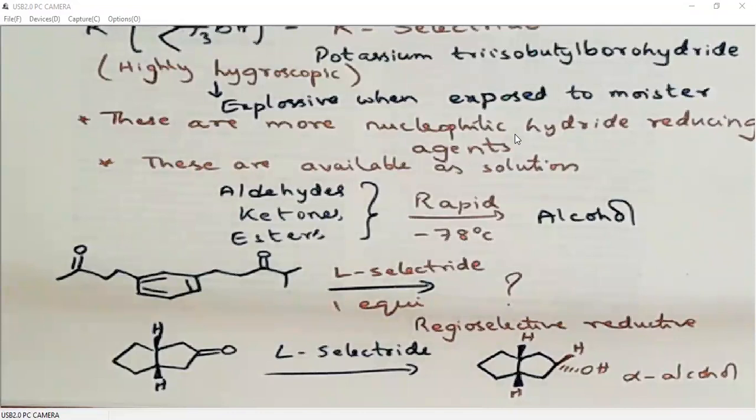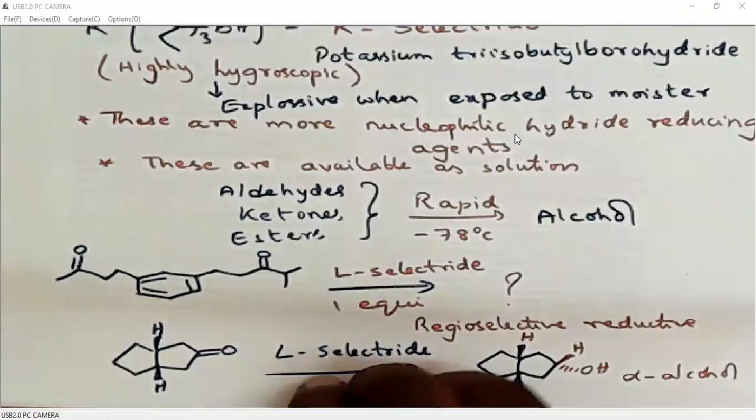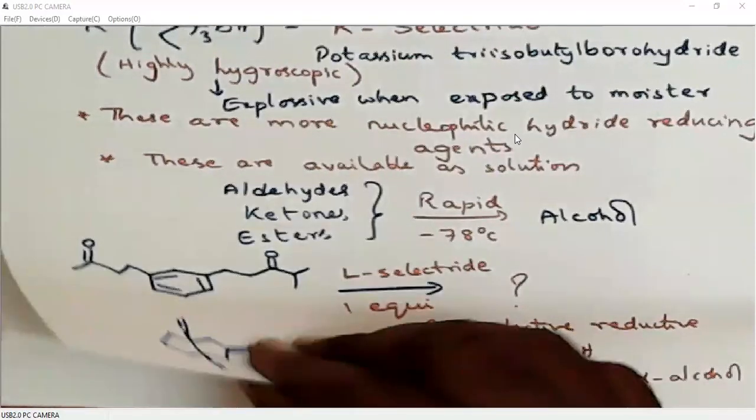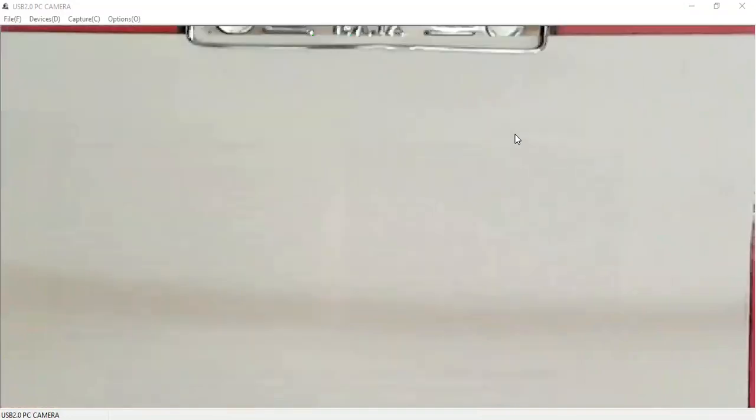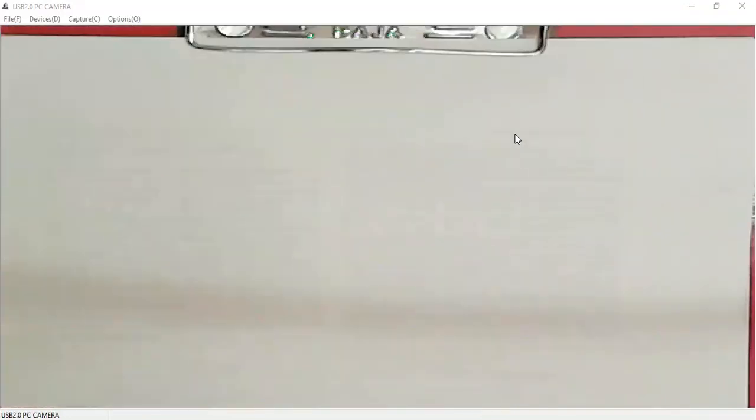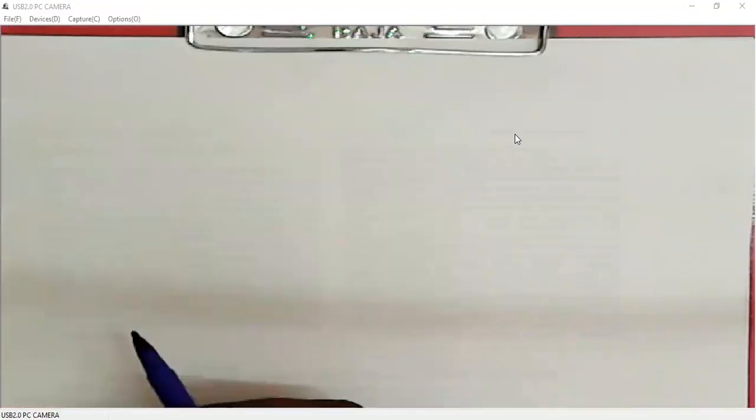Please take a snapshot. I will change this page. I will give the selectivity with norbornane and bicyclic systems.